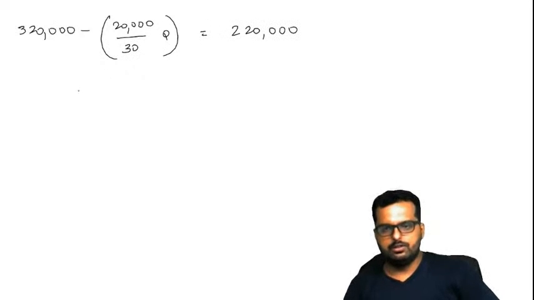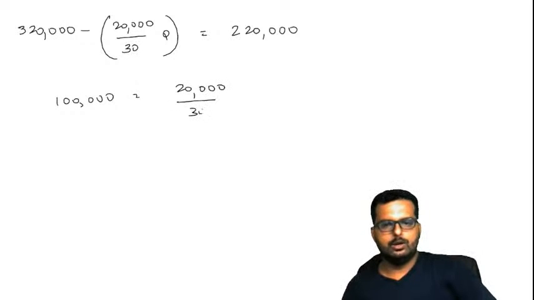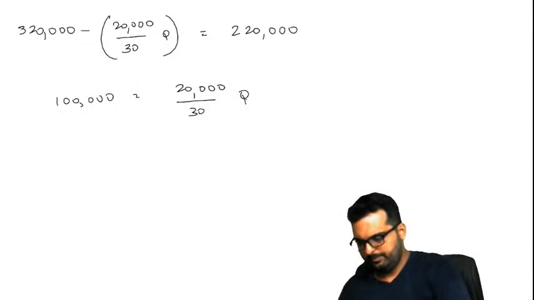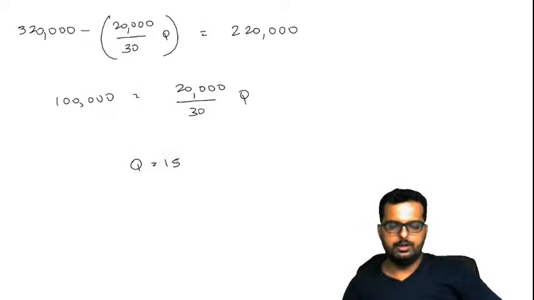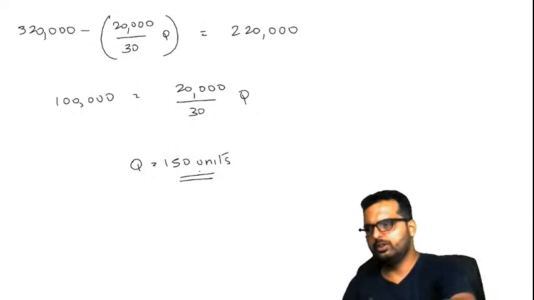Can you put this now? Therefore I get 1 lakh is equal to 20,000 by 30 Q. I get Q as 150 units. Can you write this down in your books and finish it off?